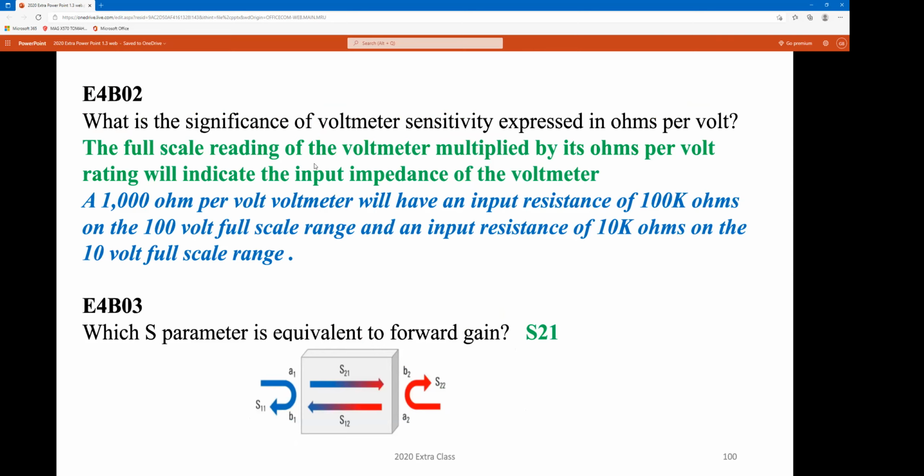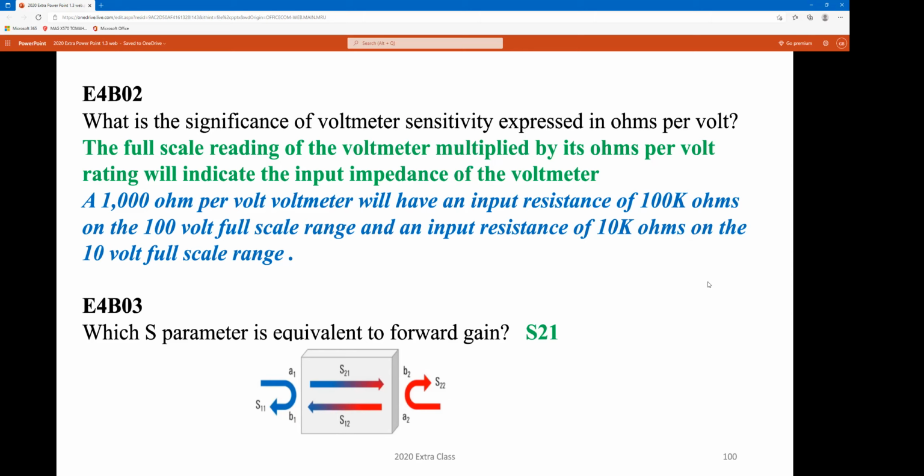The answer is the full scale reading of the voltmeter multiplied by its ohms per volt rating will indicate the input impedance of the voltmeter. And if you pay attention to the units here, this is obviously the right answer because you have volts times ohms per volt. So the volts cancel out and you're left with ohms, the impedance of the voltmeter in ohms.